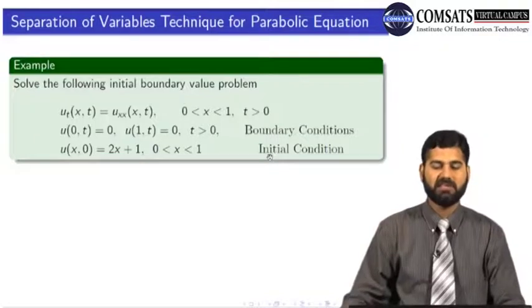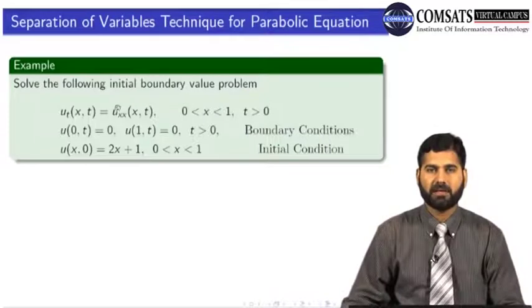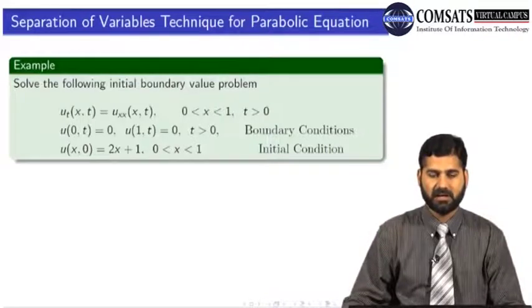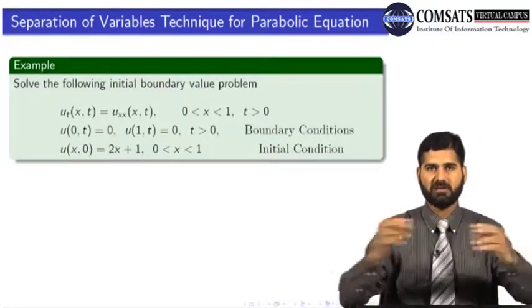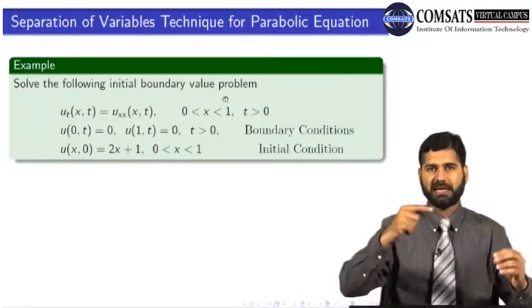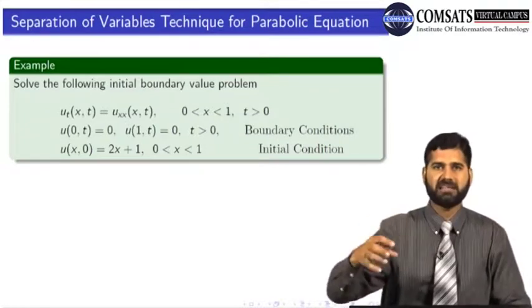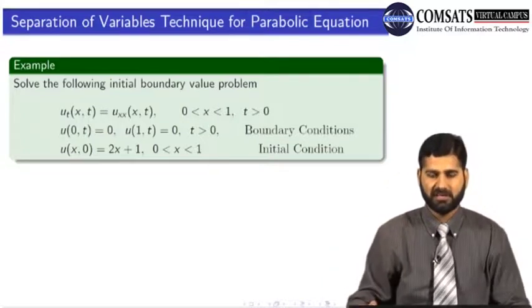I don't know if you have seen this equation before, but this is called the heat equation. It is also called the diffusion equation. If you consider temperature or heat flow inside a one-dimensional rod, of length 1 maybe, because x goes from 0 to 1, and it's perfectly insulated from the lateral side, so that heat is flowing only from left to right and is not escaping the rod within 0 to 1.